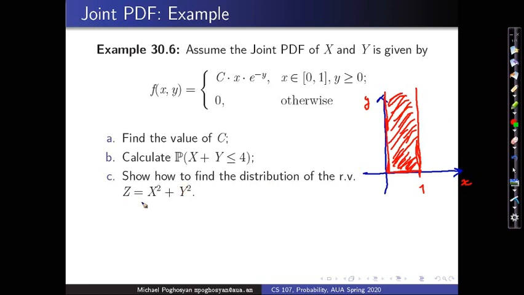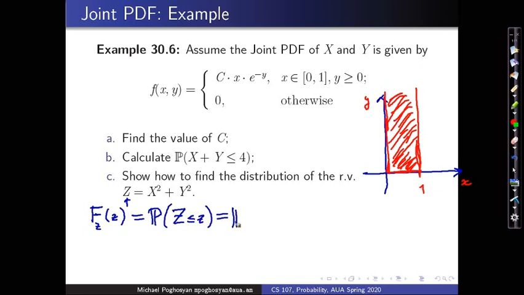So we are talking about the distribution of this. I am starting again, everything is starting from the CDF, not joint CDF because this is a one dimensional random variable, from the CDF of Z. The CDF of Z at the point small z is the probability that our random variable Z is less or equal than that small z.